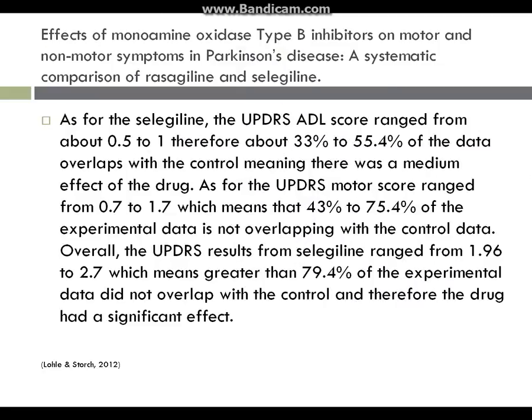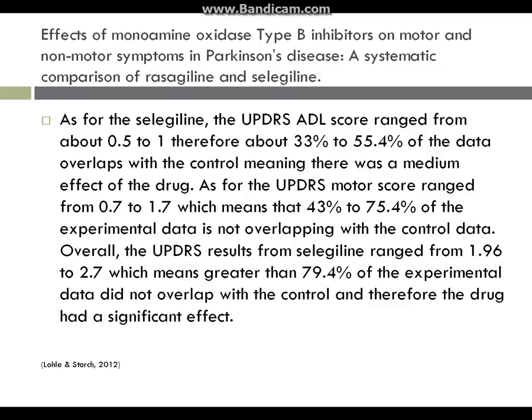As for the selegiline, the UPDRS ADL score ranged from about 0.5 to 1, therefore about 33% to 55.4% of the data did not overlap with the control, meaning there was a medium effect.